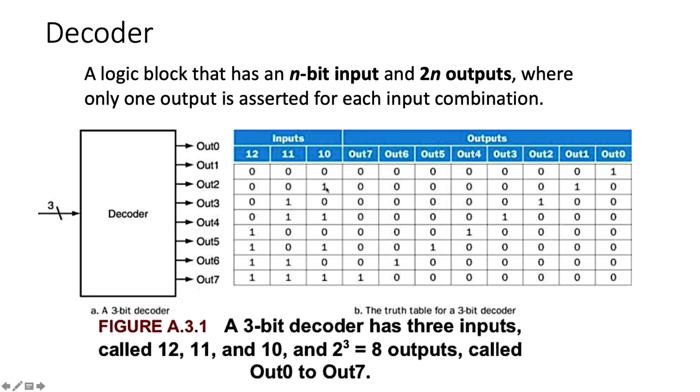Say if you pass 0, 0, 1, you're going to get your second output, because 0, 0, 0 is 0. If you were to pass 1, 1, 0, it would refer to line 6, because 1, 1, 0 refers in binary to 6, right? So that's why you have an n-bit input. Using that n-bit input, you can expand to 2 to the power of n lines in the output. It's very intuitive. All good so far?